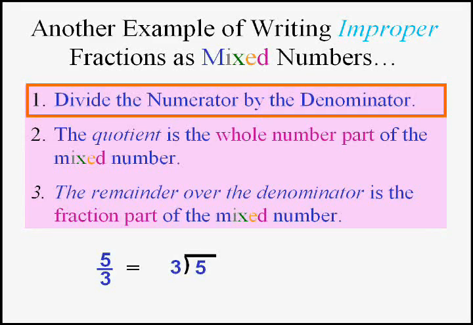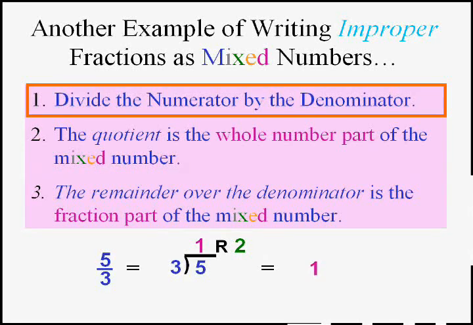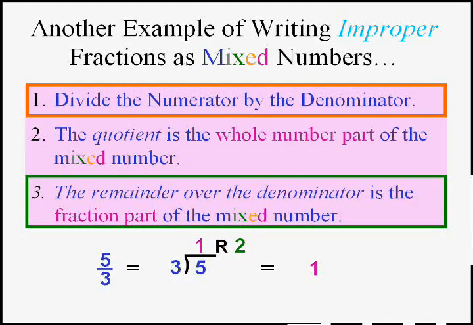Well, 3 goes into 5 one time with a remainder of 2. So the answer as a mixed number is the 1, that's the whole number part, and the remainder over the denominator, the 2 over the denominator, is the fractional part.